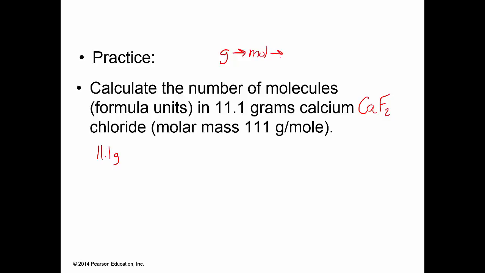You have to mole it. We turn moles into a verb. Who knew we could do that? But you have to mole it, and then you can go to formula units or molecules. I don't care if you call it formula units or molecules. I just wanted you to see that word, so if you saw it, you didn't freak out. So this is how many grams I have of calcium fluoride.